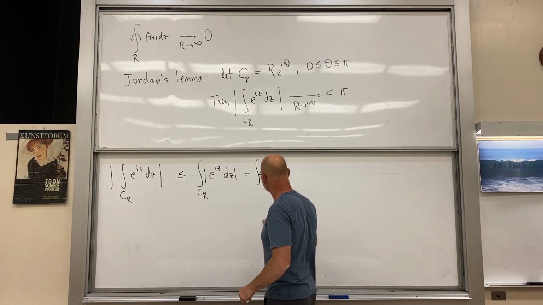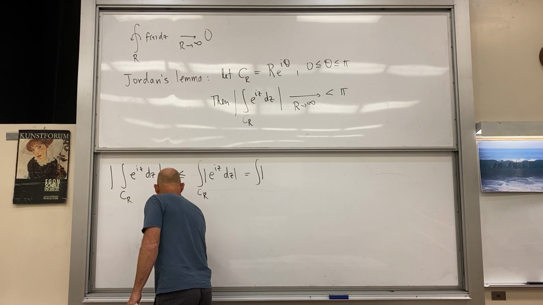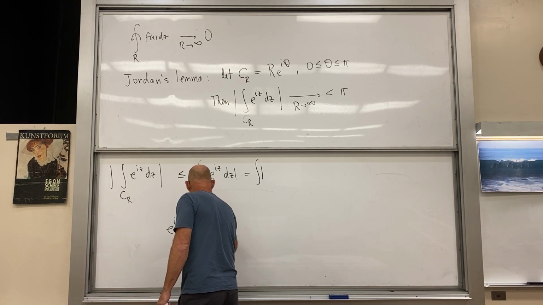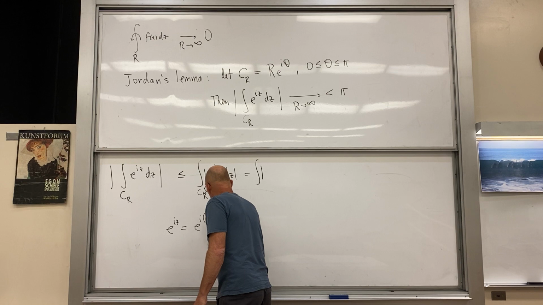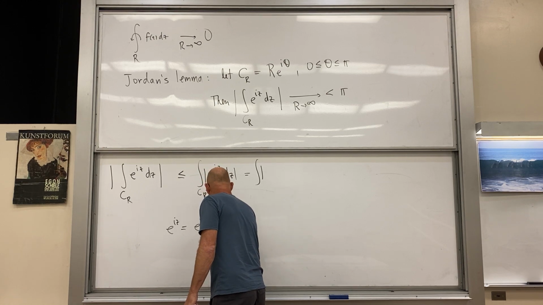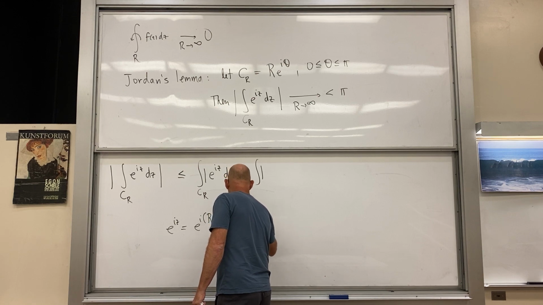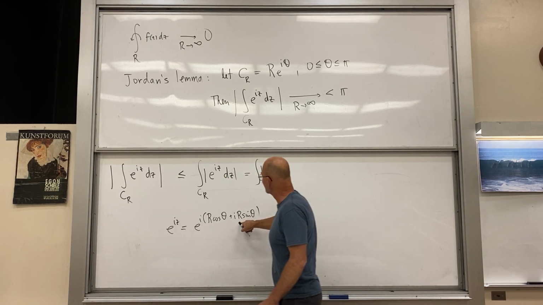Yeah. So let's go ahead and write down what we have here. e to the iz is equal to e to the i r cos theta plus i r sine theta, right? That's our z, so plug that in there.